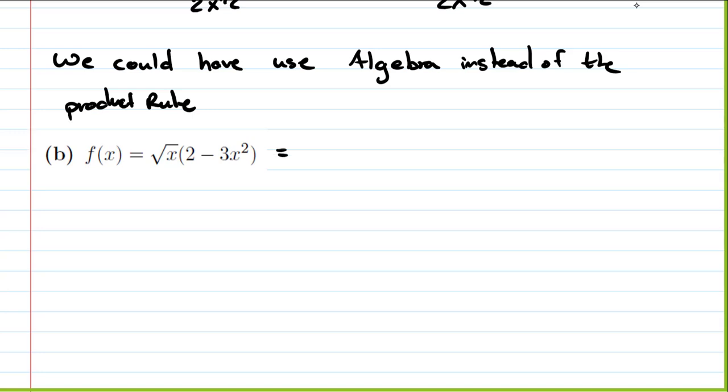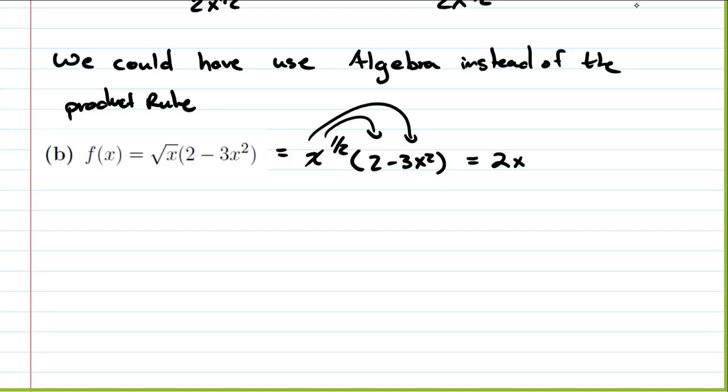So once again, we're going to note that we have x to the 1/2 times 2 minus 3x squared. If we distribute that into our parentheses, we get 2x to the 1/2 minus 3x squared. So 2 plus 1/2 gives us 5/2, right?